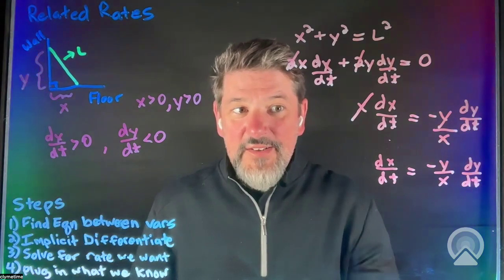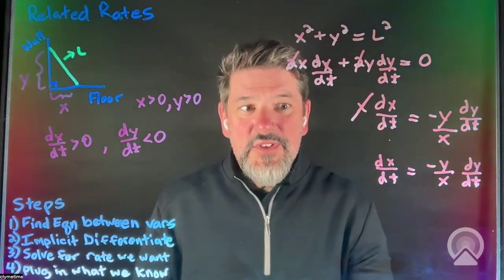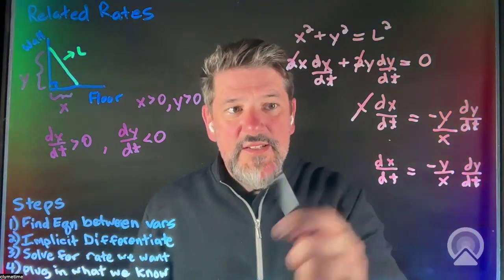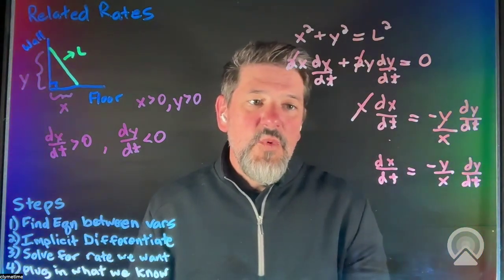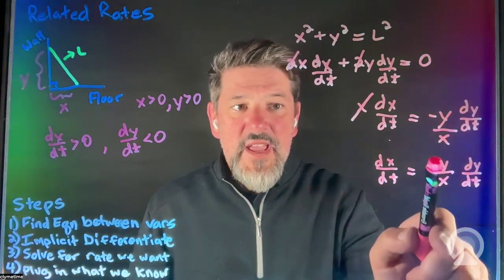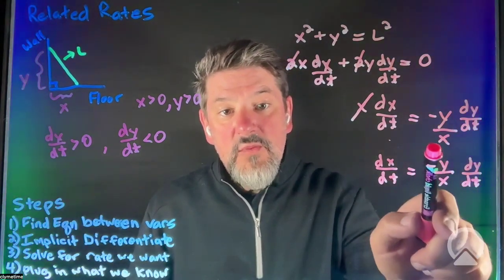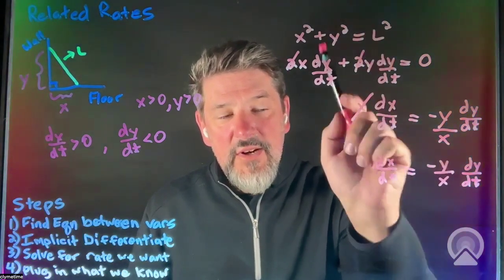So dx over dt depends on a lot of things. And so usually in these problems, they give you a lot of values because you've got to plug in a lot of things to find dx over dt. One thing I want to point out here, though, is they don't have to give you x and y. They could give you x or y as long as you know the length of the ladder L.